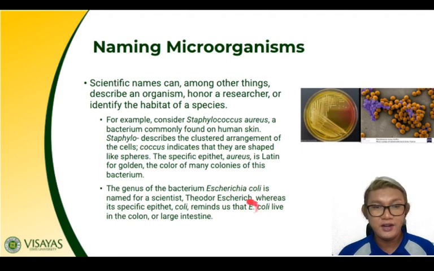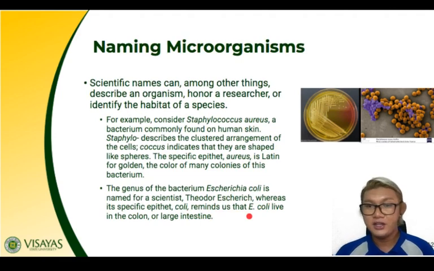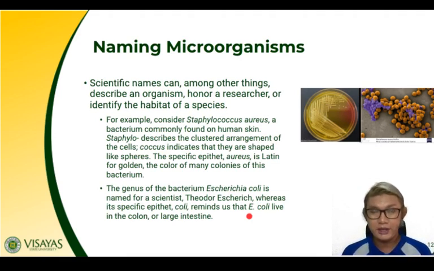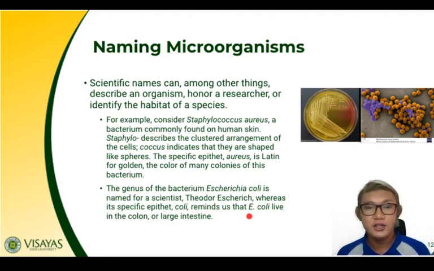E. coli, on the other hand, was named after Theodor Escherich. So, Escherichia. And coli reminds us that coli is Latin for colon, or large intestine. So that's how they name microorganisms. Maybe if you discover a particular type of species later on, you could have your name associated with a particular organism, but usually it is named in honor of someone who has made a great contribution to science.